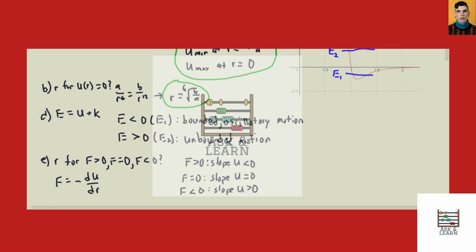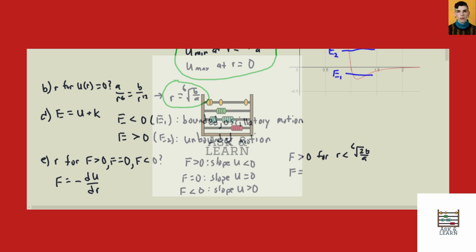Okay, and we found that minimum point in part A. It was the 6th root of 2b over a. So we're going to have a positive force for R less than that 6th root of 2b over a.